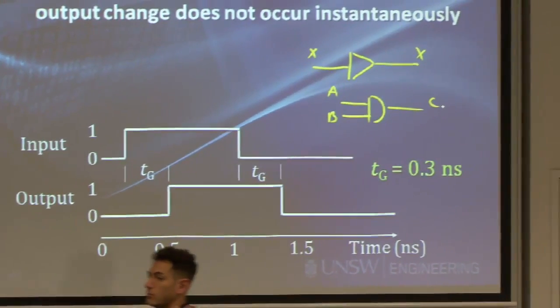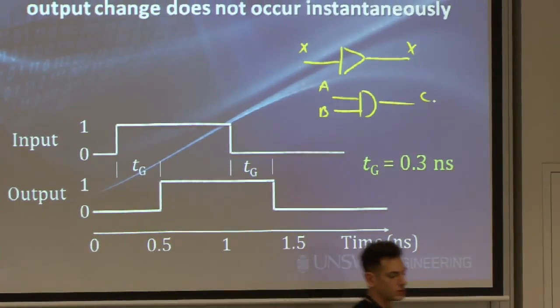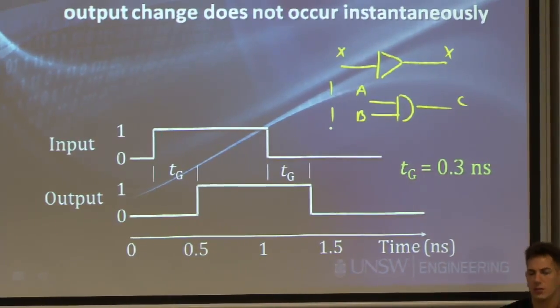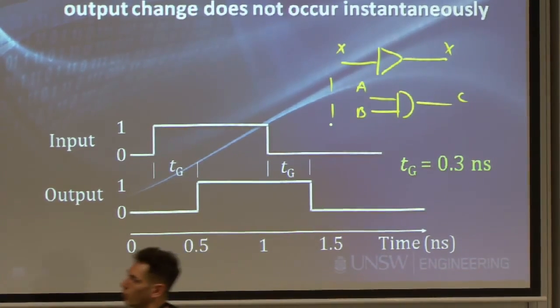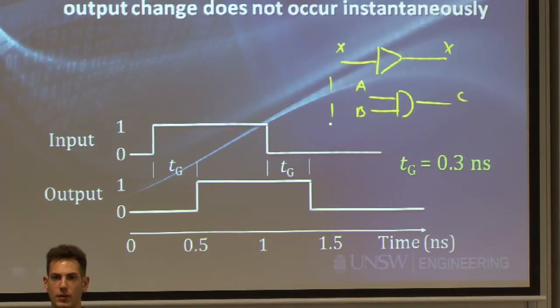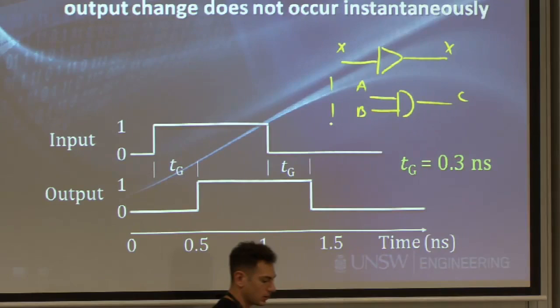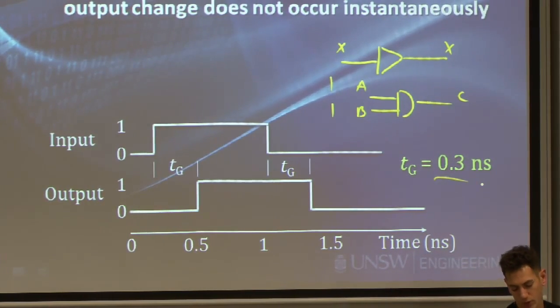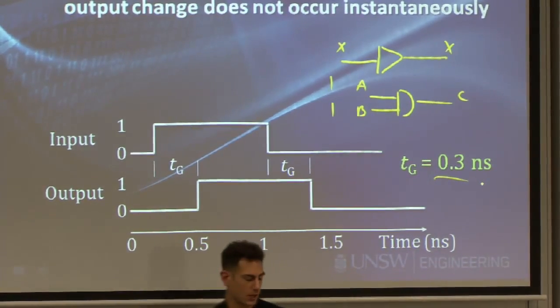Suppose we start with A and B being both 1, 1. We might actually get different gate delays if A changes its value from 1 to 0, or if it's B that changes its value from 1 to 0. One of them, for example's sake, might be 0.3 nanoseconds. The other one might be 0.5 nanoseconds.